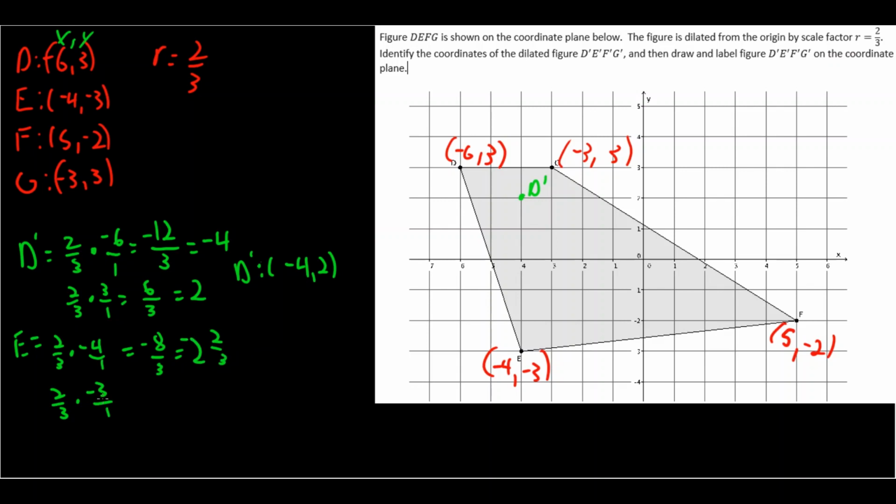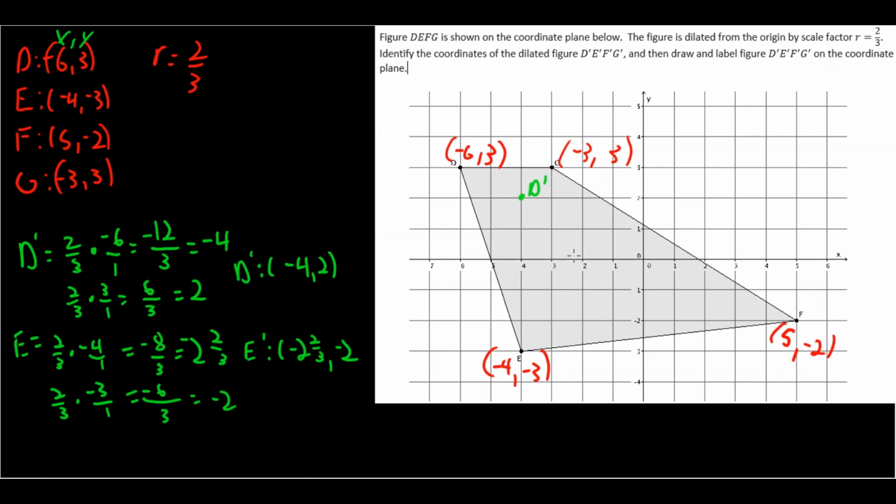And then down here, we get 2 times -3. That gives us -6. 3 times 1 is 3. -6 over 3 is just -2. So E prime is going to be at -2 2/3 and -2.